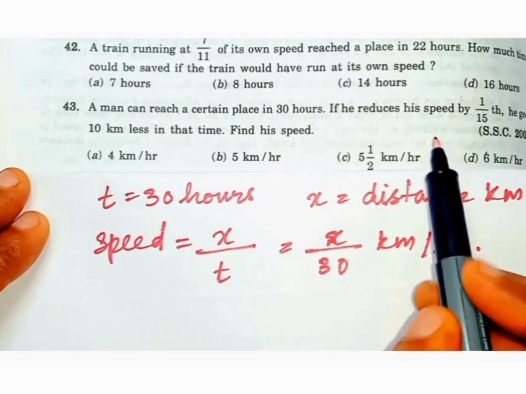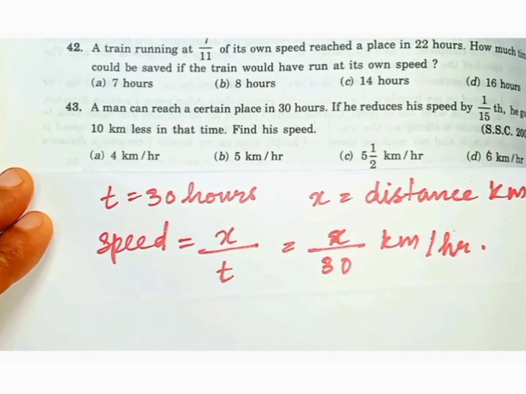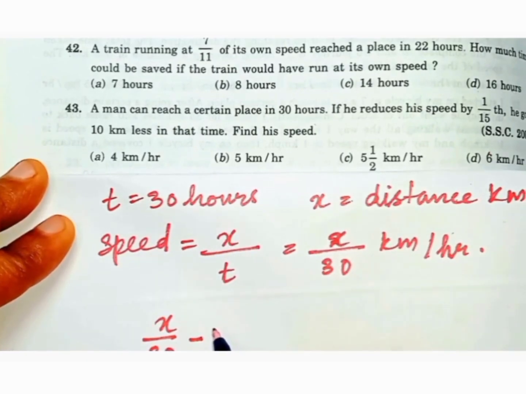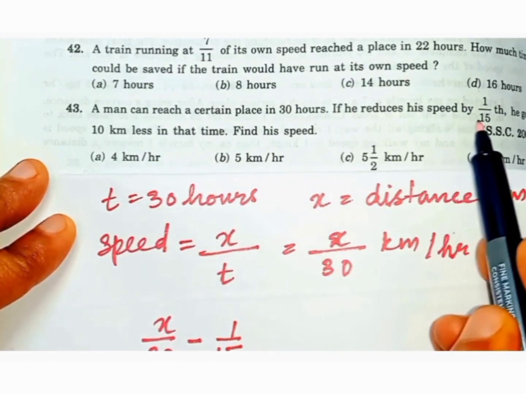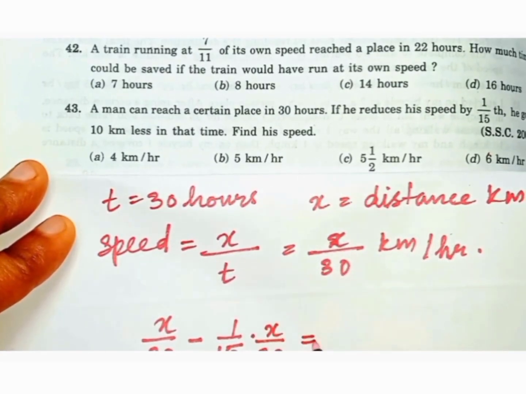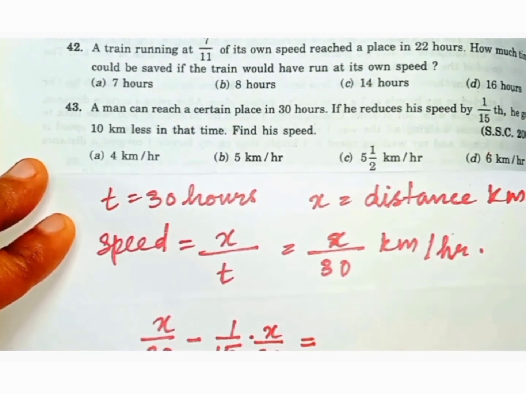So the question states, if he reduces his speed by 1/15th. So we are trying to equate speed. What is his initial speed? X by 30. How much is he reducing? He's reducing 1/15, right? 1/15 of what? 1/15 of speed. That is the original speed, which is x by 30. What will be the result if he's going to reduce the speed by 1/15 of his original speed?